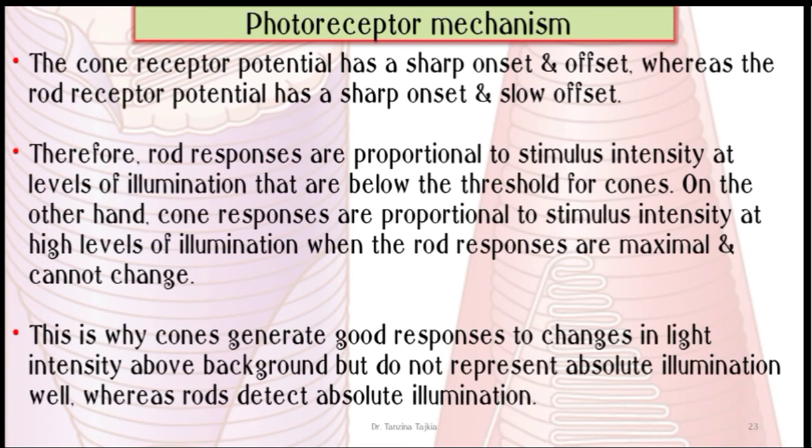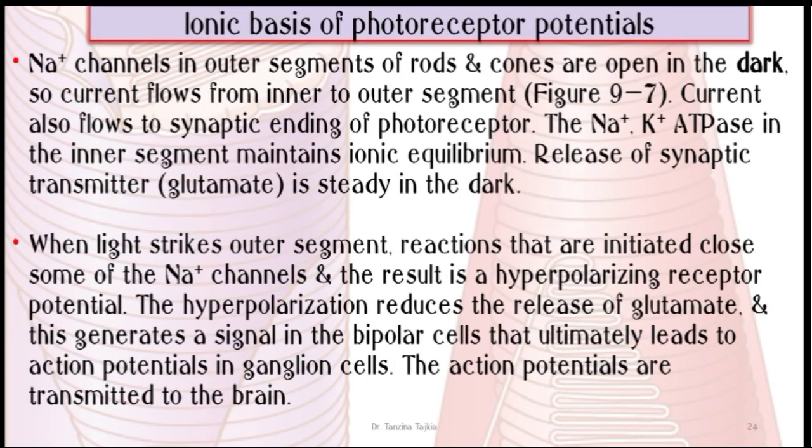On the other hand, cone responses are proportional to stimulus intensity at high levels of illumination, when rod responses are maximum and cannot change. That's why cones generate good responses to changes in light intensity above background but do not represent absolute illumination well, whereas rods detect absolute illumination.